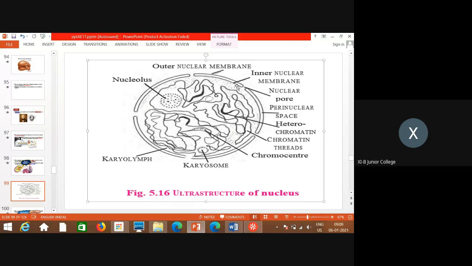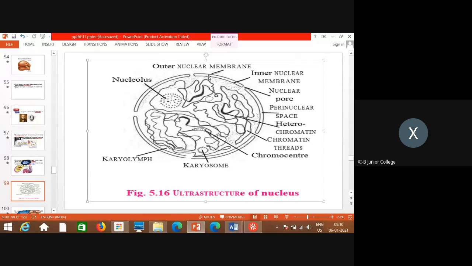So this boundary of the nucleus is called as nuclear membrane, which is divided into outer nuclear membrane and inner nuclear membrane. So 2 parallel lines which make the space in between these 2, that is called as perinuclear space.